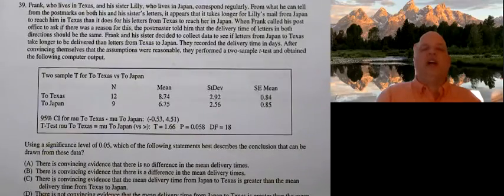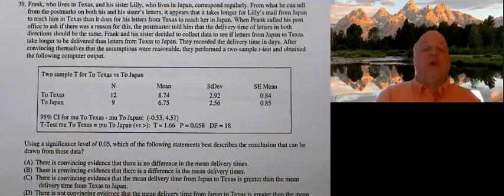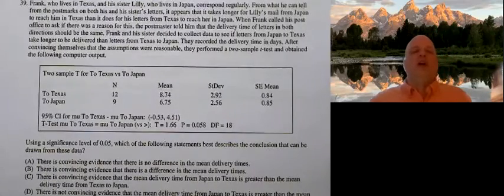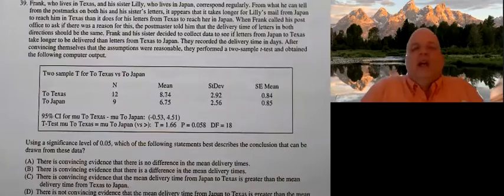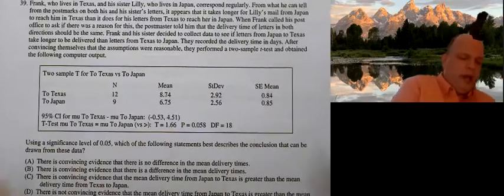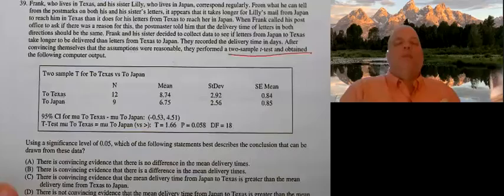Frank and his sister decided to collect data to see if the letters from Japan to Texas take longer to be delivered than the letters from Texas to Japan. They recorded the delivery time in days. After convincing themselves that the assumptions were reasonable, they performed a 2-sample t-test and obtained the following computer output.